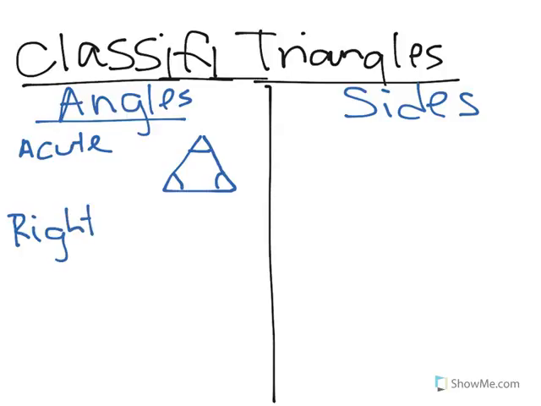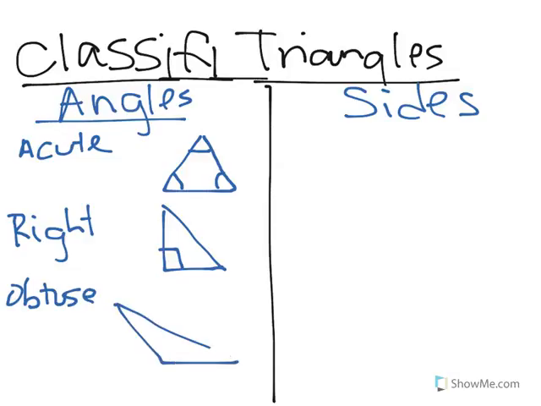So a right triangle is a triangle that has a 90-degree angle. The last triangle named after its angles is an obtuse. It's where you have an obtuse angle and you have an obtuse triangle. Okay? Those are the 3 triangles named based on angles.